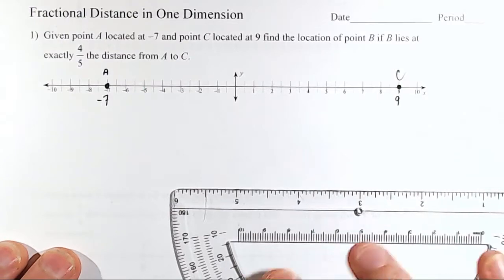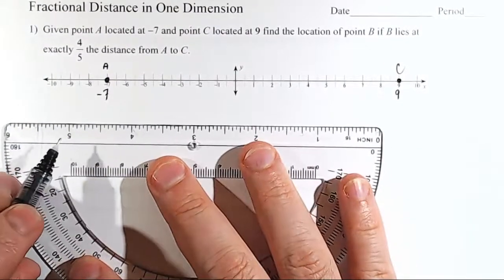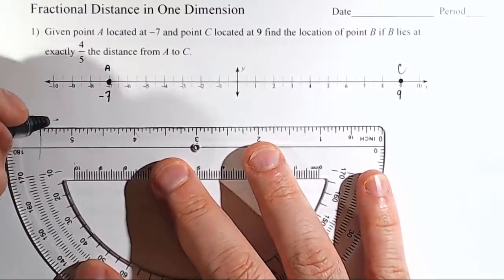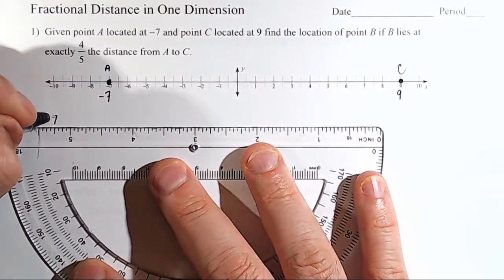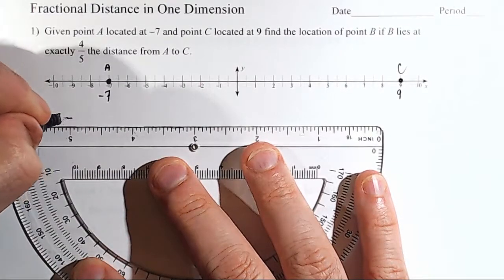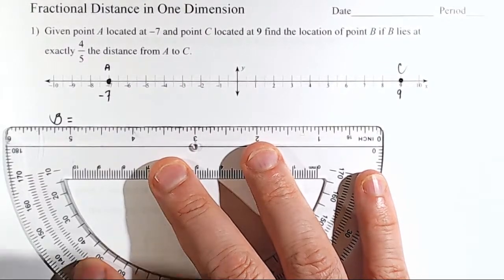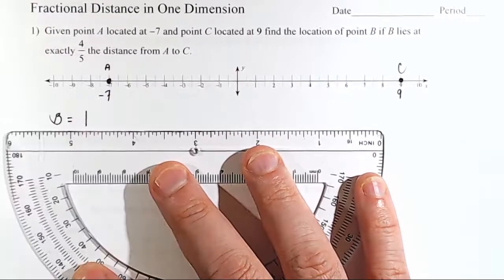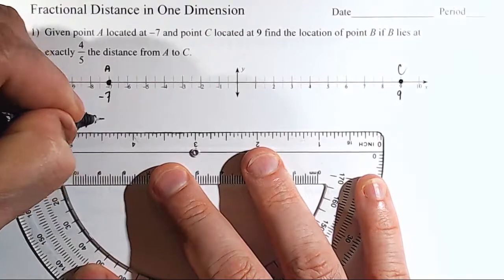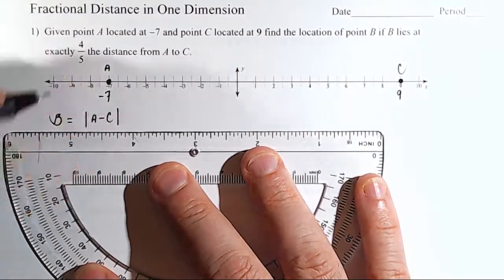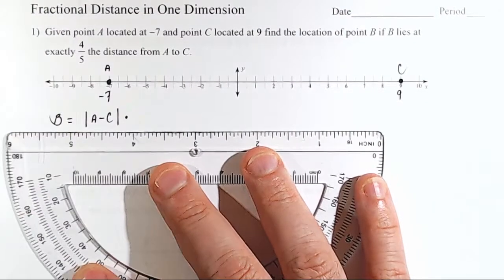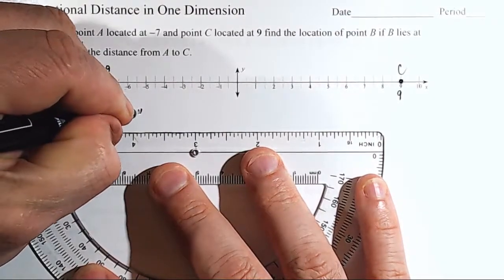Here's the basic formula. If you want to find the location of point B, it will be located at the absolute difference between A and C, multiplied by the fractional distance, which would be 4/5.